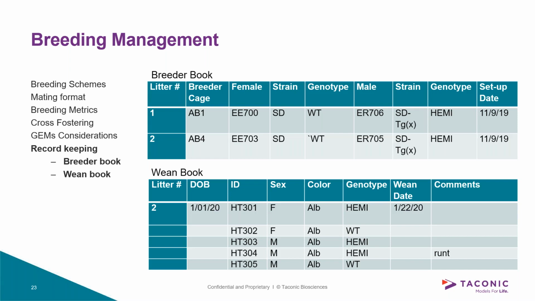Do you have them set up in pairs, or are you moving the male around? Maybe you only have one founder, and so you want to breed him to multiple females, so maybe we call that jumping from one cage to another. Are you breeding to get homozygotes, so is it a het by het mating format, or are we using wild type animals that you order from a vendor?